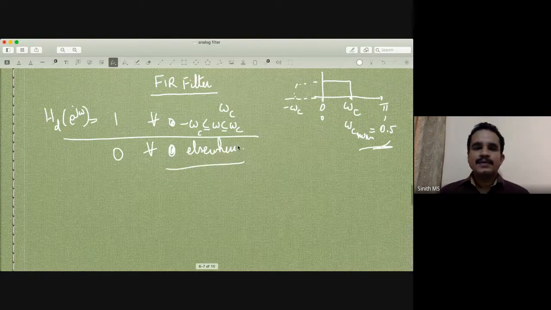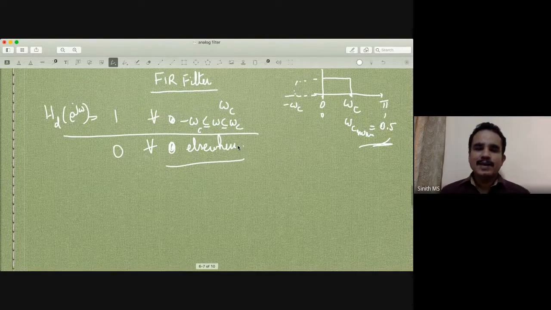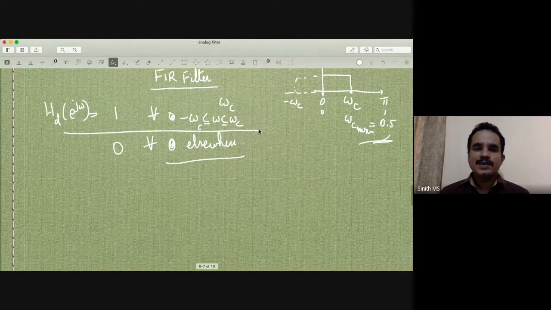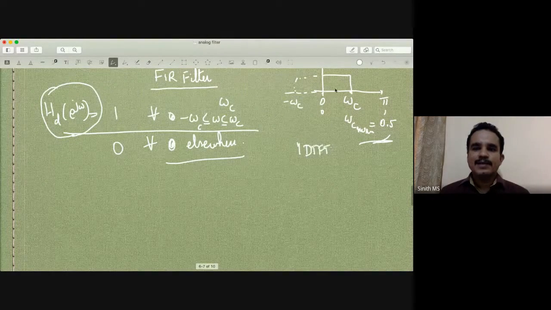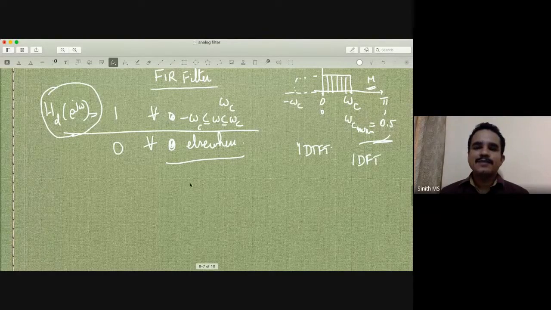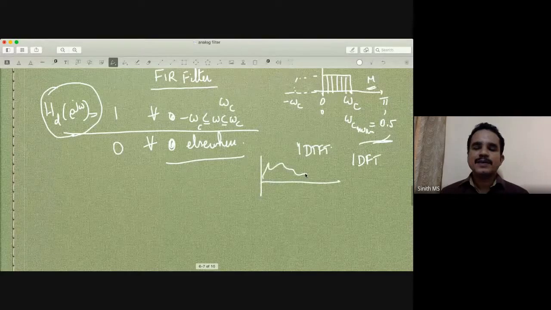If this is the case, you know how to design it. You take the inverse transform. If this representation is the discrete time Fourier transform, you take the inverse discrete time Fourier transform. And normally you will have samples in this, say M samples. In that case, you take the IDFT, and whatever you are getting will be a response which extends.